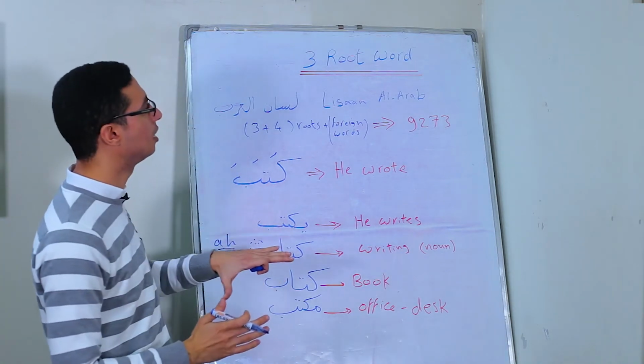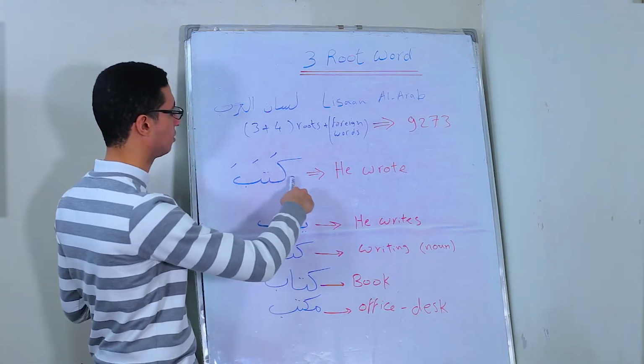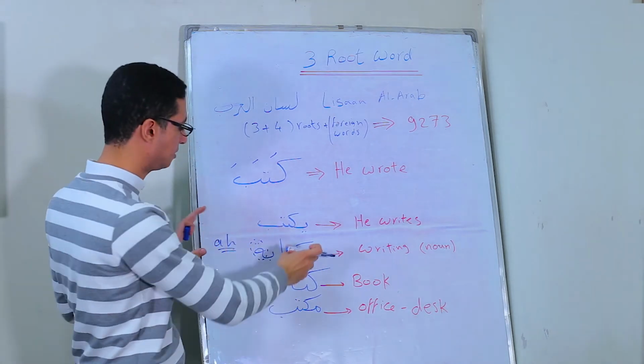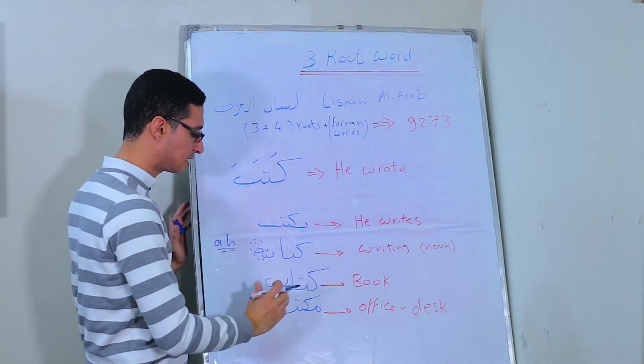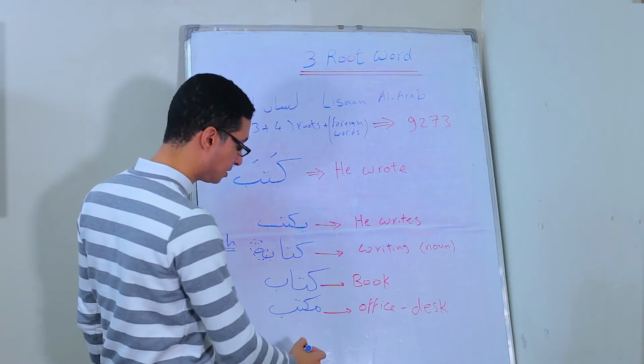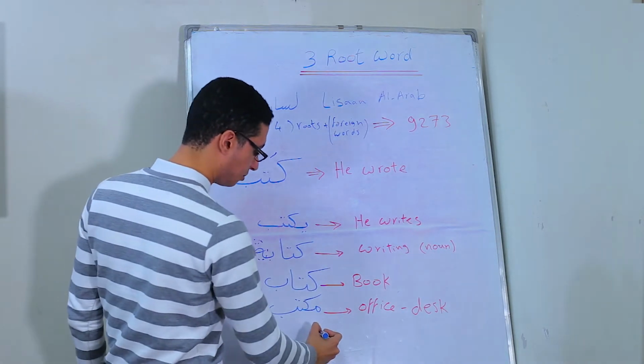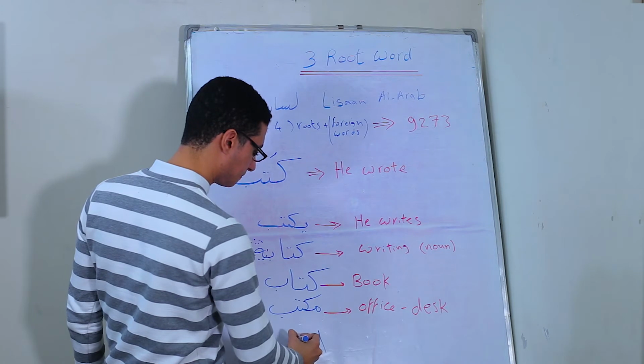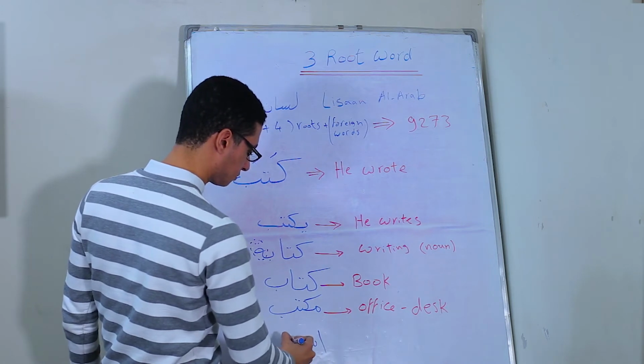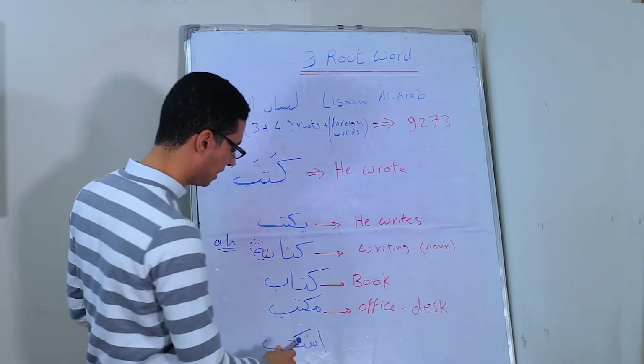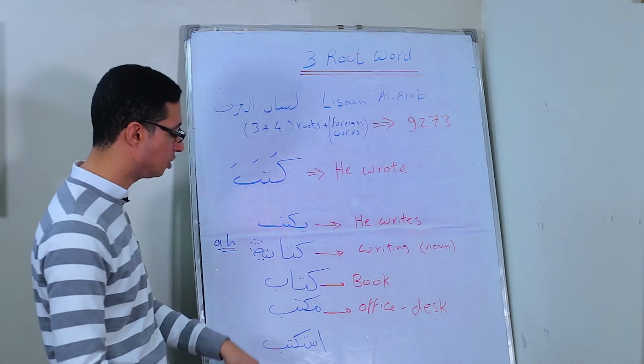So all Arabic words, you have the 3-letter root, and then you add some parts, and we can add a lot to kataba. For example, istaktaba. Okay, istaktaba is very rarely used.